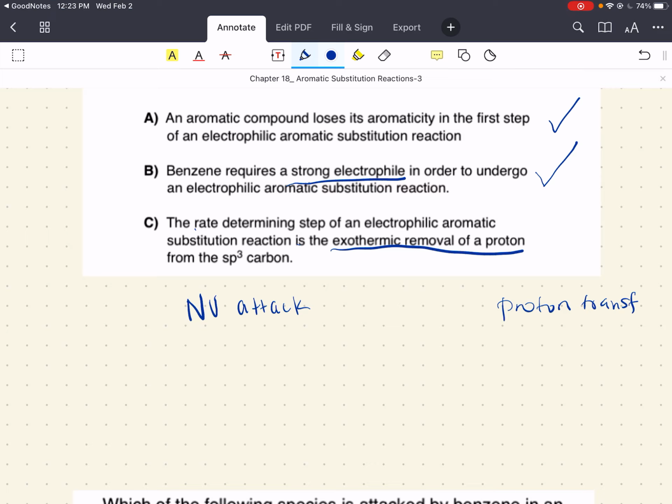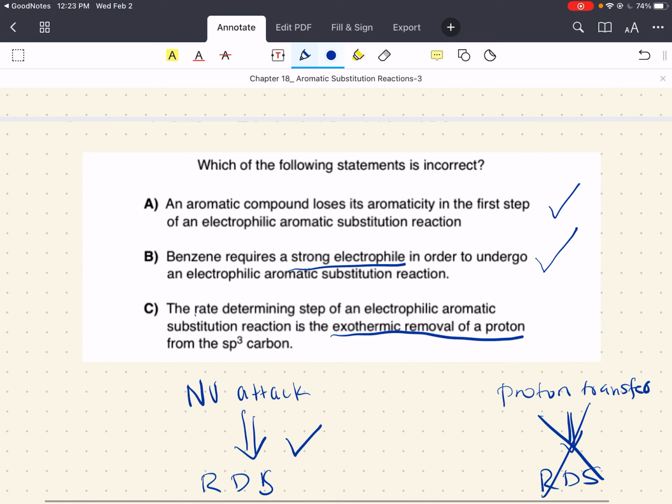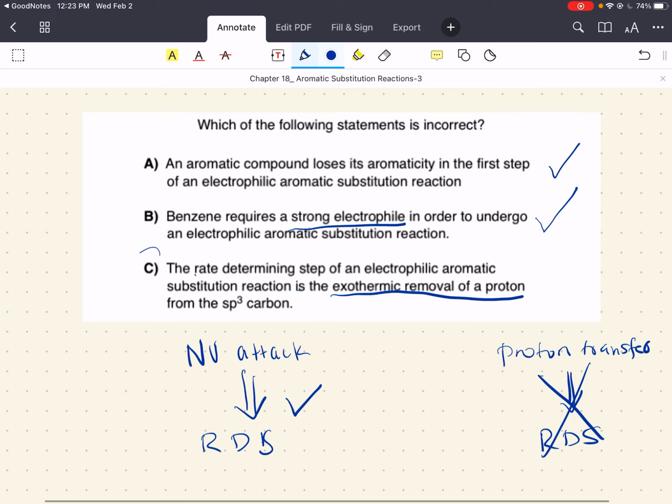This answer choice says that our proton transfer is our rate determining step. This is actually incorrect. Our rate determining step is our first step where our nucleophilic attack occurs. All right, so this is our rate determining step. This means that the statement that is wrong here is statement C.